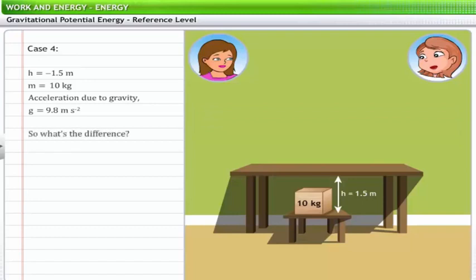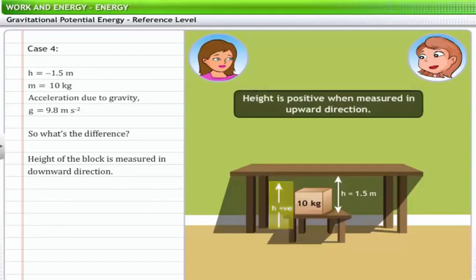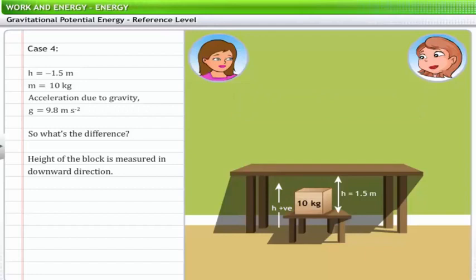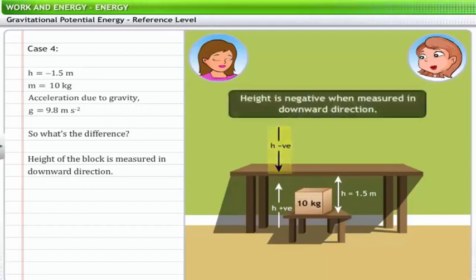The difference in this case is that the height of the block is measured downwards, unlike the first 2 cases, where the height of the block is measured in the upward direction. When height is measured in the upward direction, it is considered positive. However, when measured in the downward direction, height is considered negative.